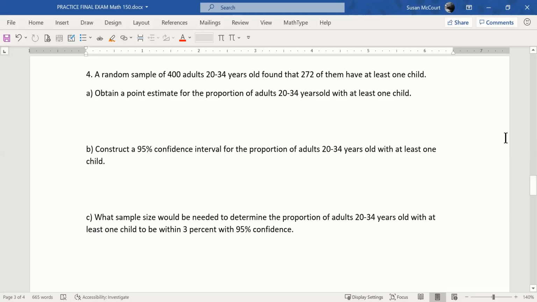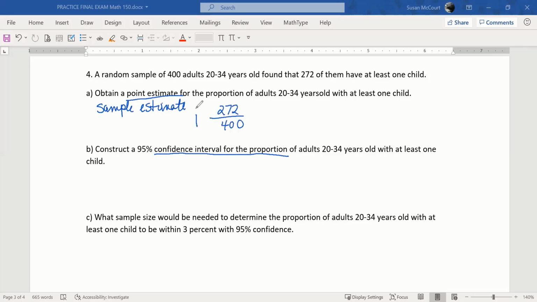So we have a confidence interval for the proportion. Okay, it says do a confidence interval for the proportion. So that's what we're dealing with. A point estimate is a sample estimate. So our sample estimate is 272 over 400.